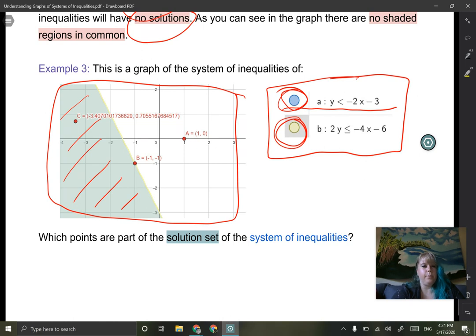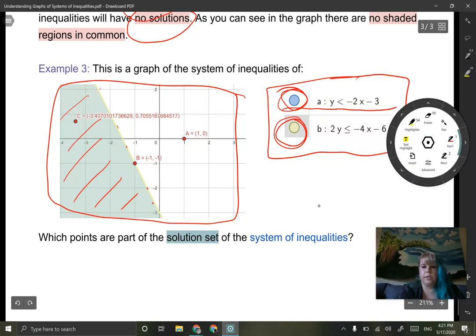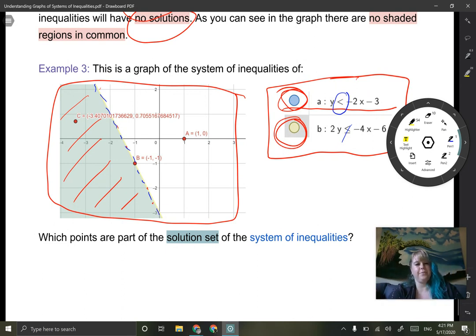Okay, but there's this yellow line still. And that's because this blue inequality here, as you can see, is less than, not less than or equal to. Okay, so that means there really should be a blue dashed line right here. Okay, that's what we should see.